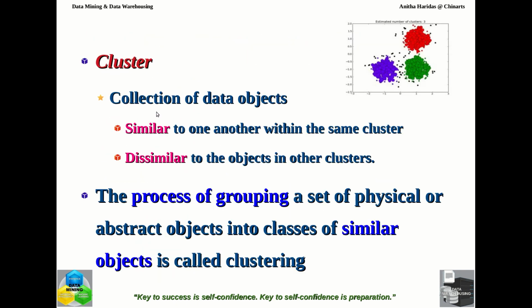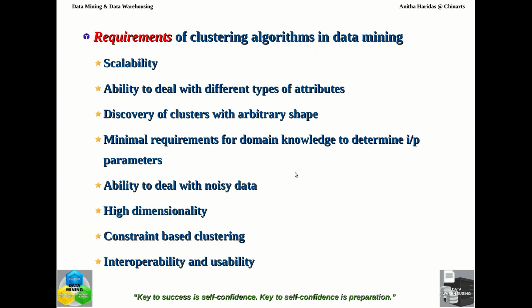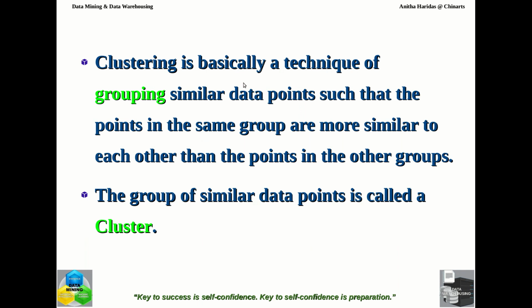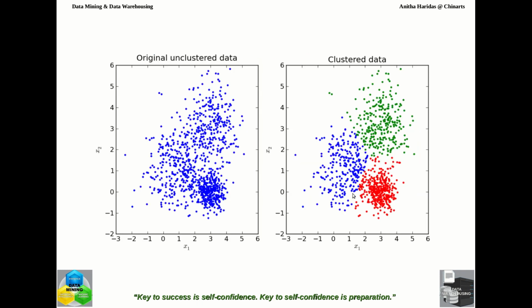So the collection of data objects must be similar to one another within the same cluster, but it must be dissimilar to the objects in the other cluster. So that is what is defined here. Clustering is basically a technique of grouping similar data points such that the points in the same group are more similar to each other than the points in the other groups or other clusters. So the group of similar data points is what you call a cluster.